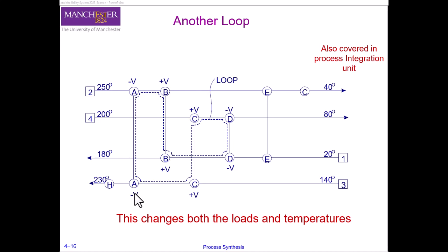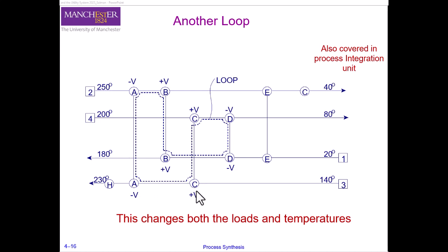That is minus V. But now because we reduce the heat duty on stream 3 here, it created an imbalance on this stream, and as such we have to increase the heat duty of exchanger C by positive V, okay, because we have to keep the energy balance. So if it is reduced at A, then we have to increase at point C by V as well.